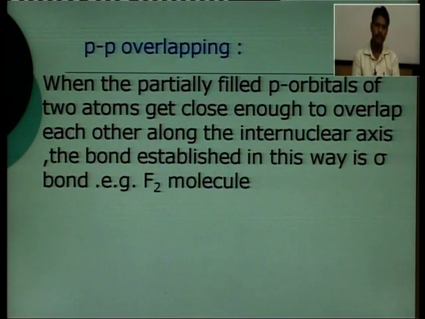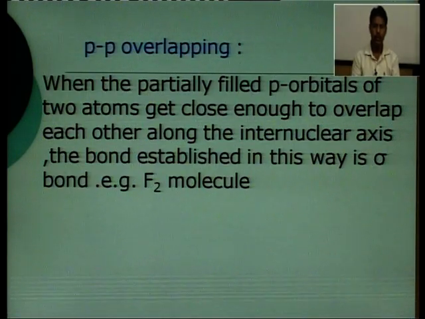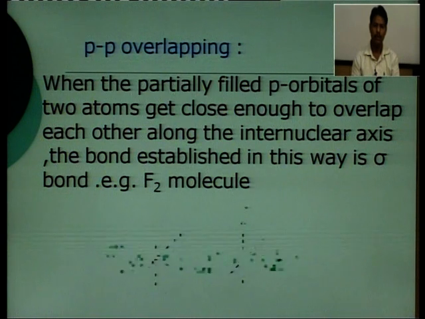PP overlapping. When the partially filled p orbitals of two atoms get close enough to overlap each other along the internuclear axis, the bond established in this way is a sigma bond. For example, the fluorine molecule. When two p orbitals overlap each other at the internuclear axis, again a sigma bond is formed.